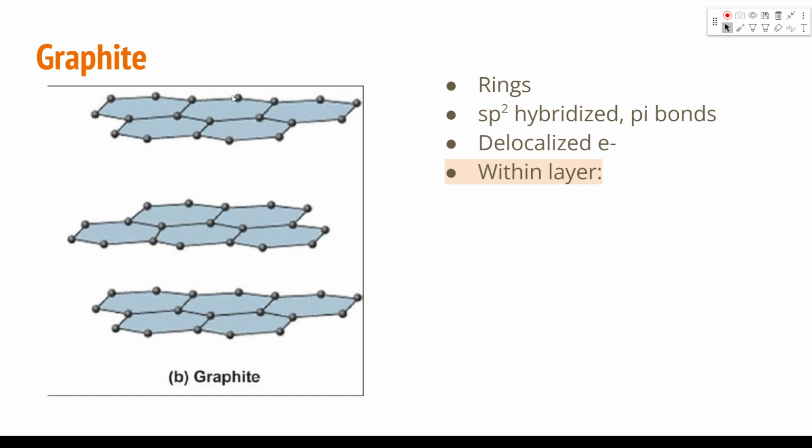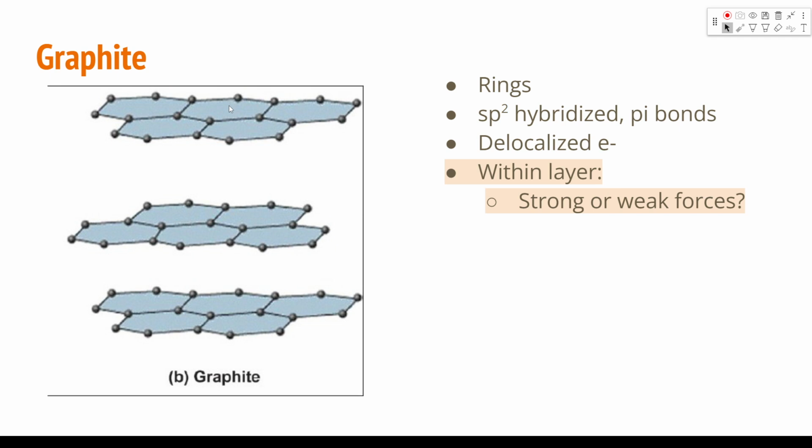Now, within this one layer, so I'm not talking about the multiple layers yet, do we have strong or weak forces? Think about that, and then I'll answer. So within this layer, we have covalent bonds.